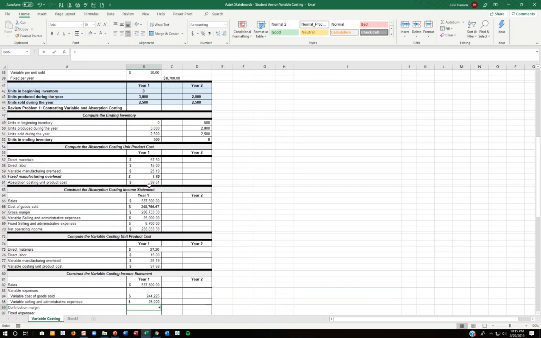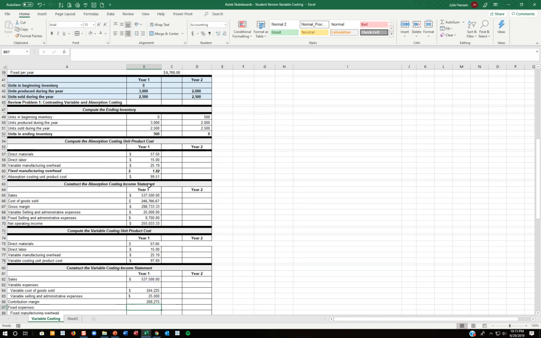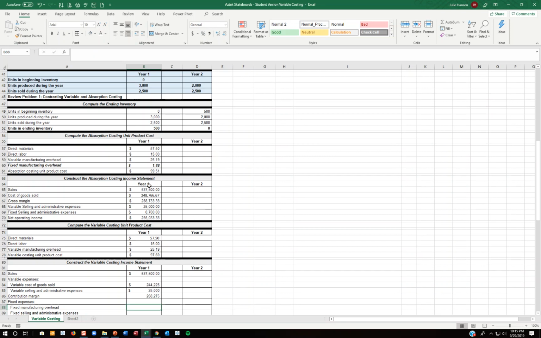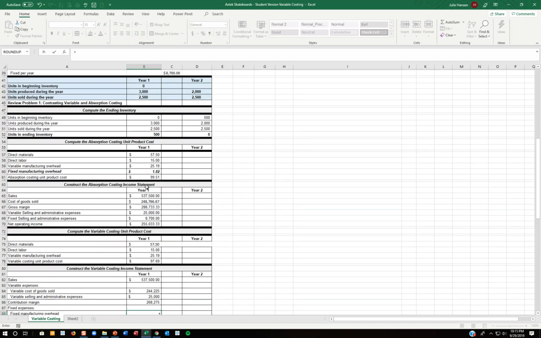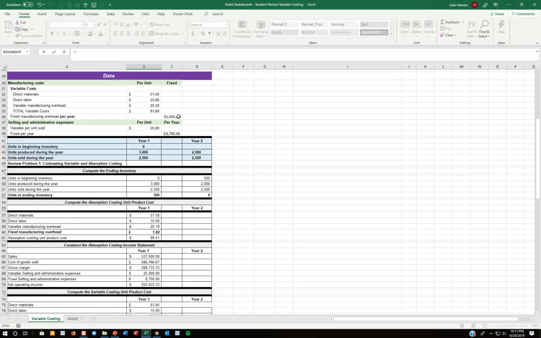And now I've got a contribution margin. So this should feel like home to you because we've been talking about this all along. So there's my contribution margin. Now I'm going to take my fixed expenses, and in this case, because it's variable costing, not absorption costing, we're going to take the entire fixed manufacturing overhead. So let's go find that number. What was my fixed manufacturing overhead for the year?